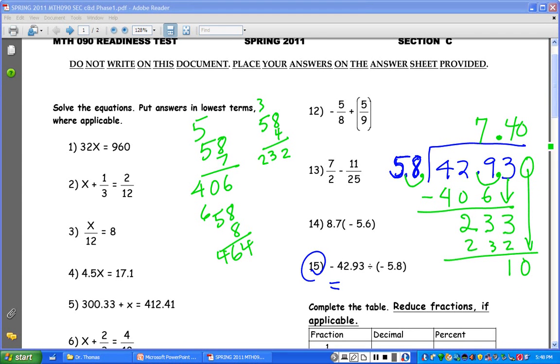Then we need to bring down 0 again. 58 goes into 100. How many times? 1 times. Alright, and what do we have left? Make that a 10, so that's 2, 9, 4. Alright, add another 0. How many times does 58 go into 420?